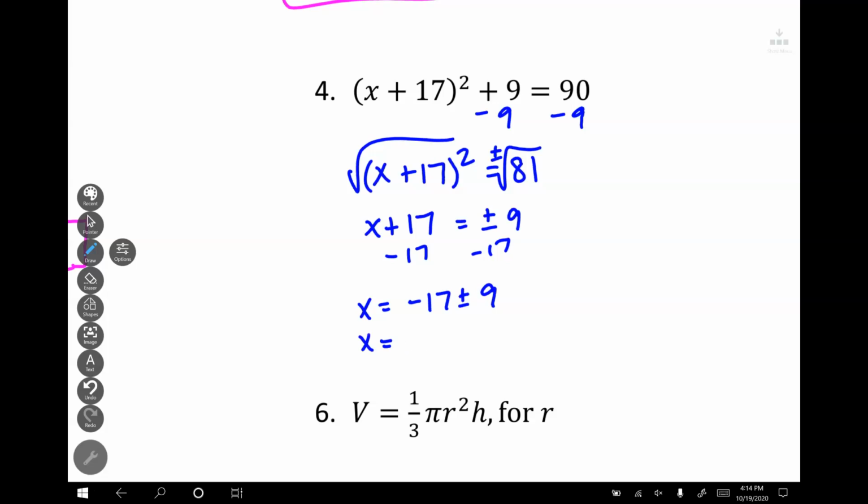So just to be clear on this, we are doing negative 17 plus 9, and x equals negative 17 minus 9. If this actually simplifies to an integer, you're going to want to go ahead and add and subtract those two numbers. Okay, so your two solutions are negative 8 and negative 26.